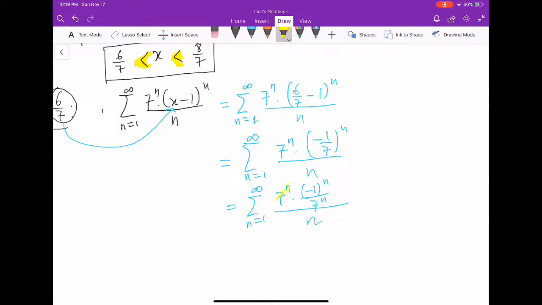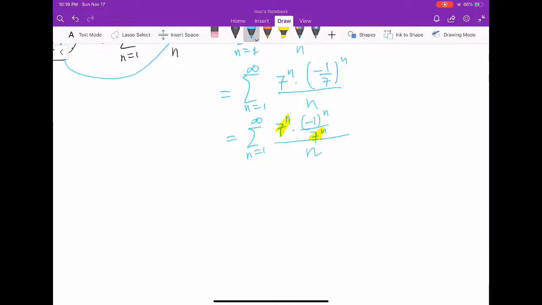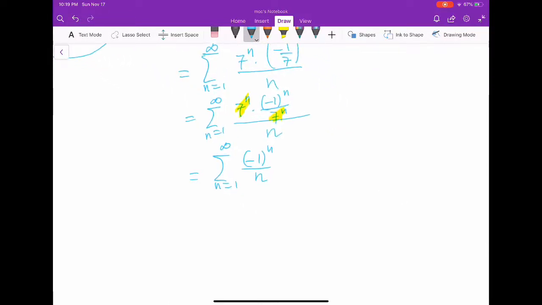So you have 7 to the n here and 7 to the n here. You can cancel them out, and you get the sum from n equals 1 to infinity of negative 1 to the n over n. And this is an alternating series.